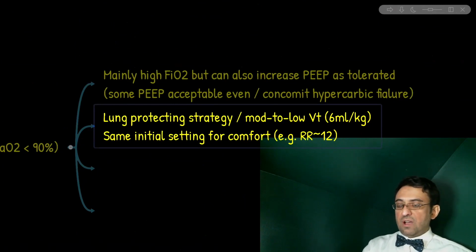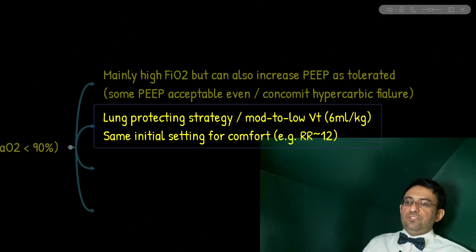For patient comfort, we initiate with some of our patient-controlled modes such as SIMV or AC/PS, assist control, pressure support, and keep the initial settings for comfort, such as a respiratory rate around 12 per minute.